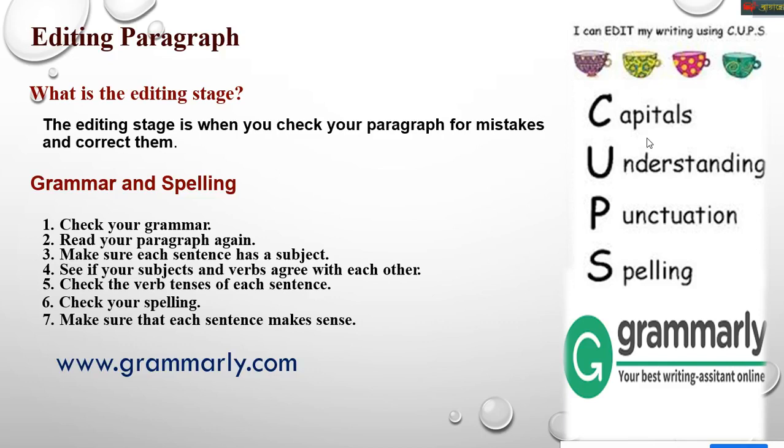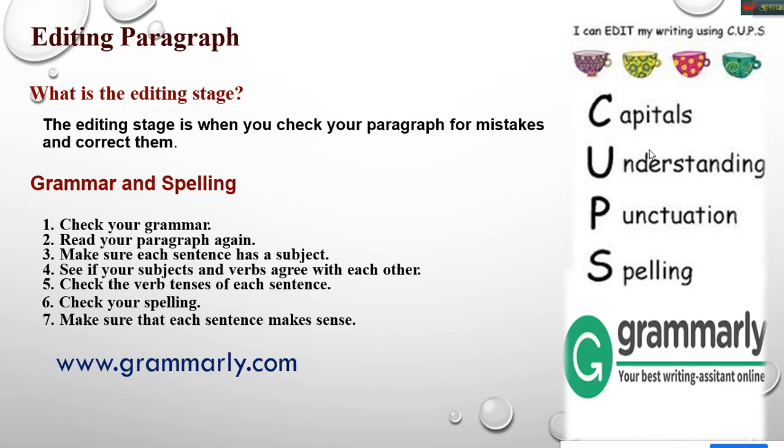Hope you understand the meaning of punctuation. Punctuation means comma, colon, semicolon, question mark. These are called punctuation. And S stands for spelling, and this is very important. Spelling mistakes are considered very seriously when you write a paragraph in your exam. Of course, spelling plays a very important part.